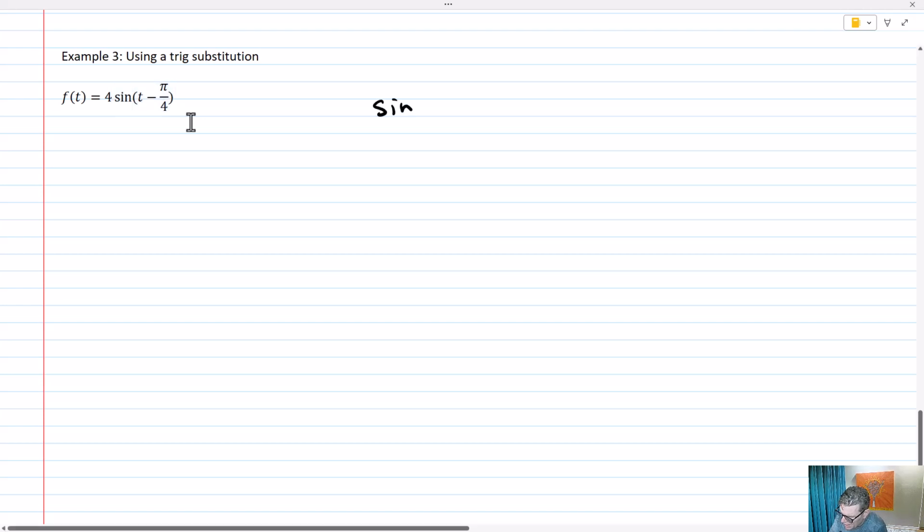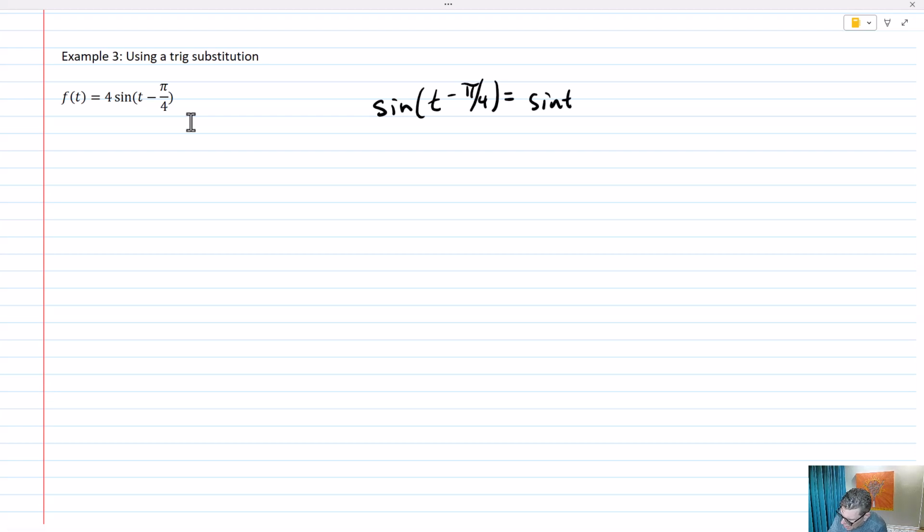I know that the sine of t minus pi over 4 is going to end up equaling sine of t cosine negative pi over 4 plus the sine of negative pi over 4 cosine of t, utilizing the addition of angles formula for sine functions. You can also use, by the way, a subtraction one. I just happen to utilize it using a negative pi over 4.